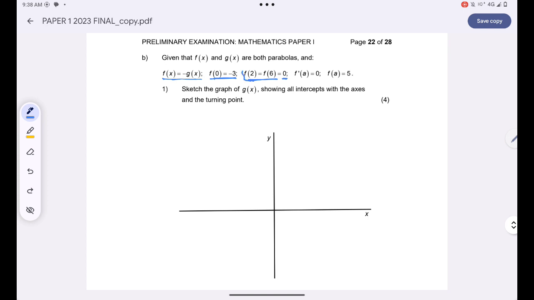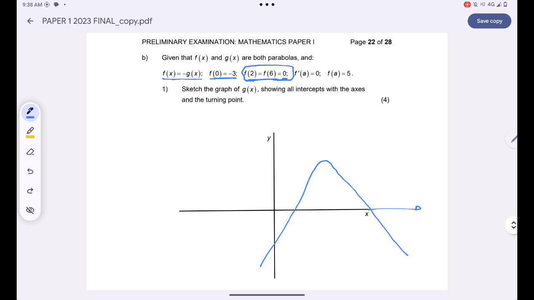Usually these are called my roots, and the roots of a parabola, guys, are called the x-intercepts. Are you together? So if my y-intercept is below the x-axis and both of my x-intercepts are on the right hand side, this simply means that my graph should just look like this.